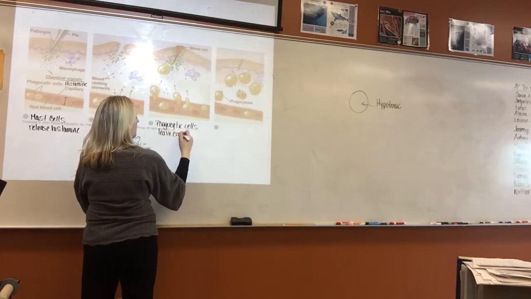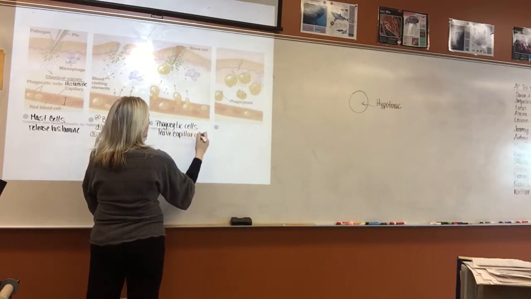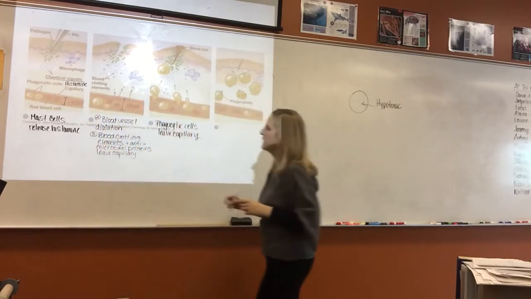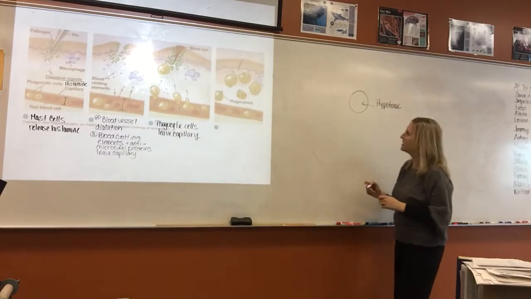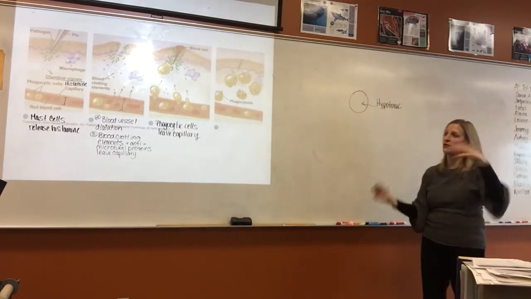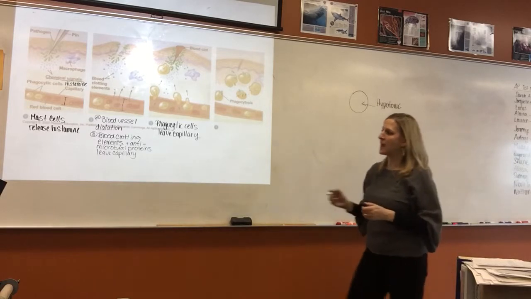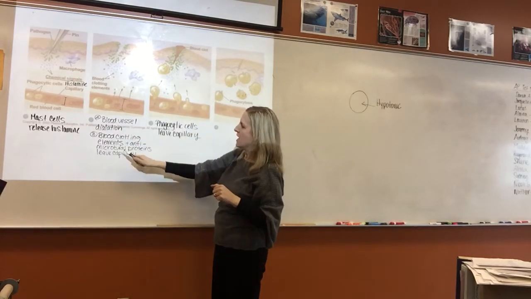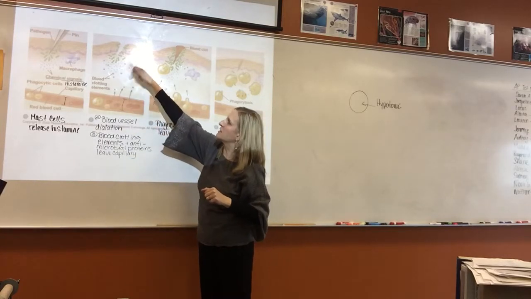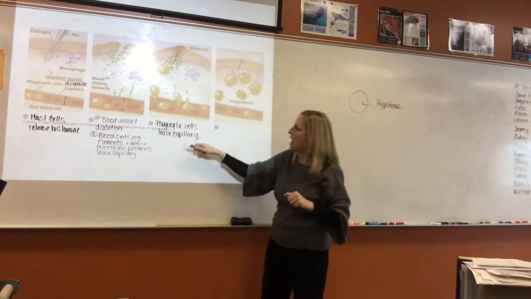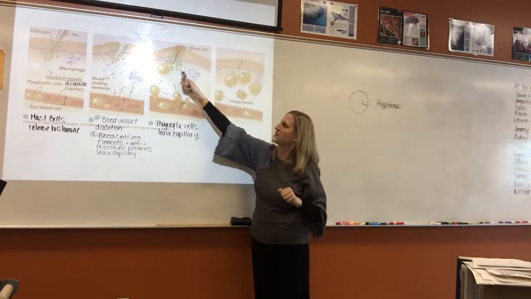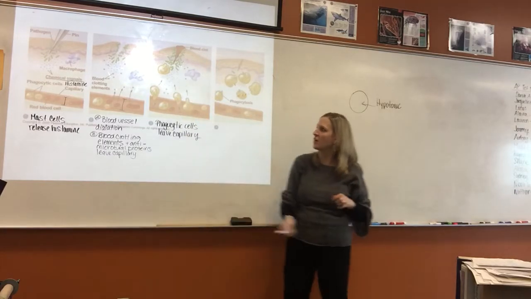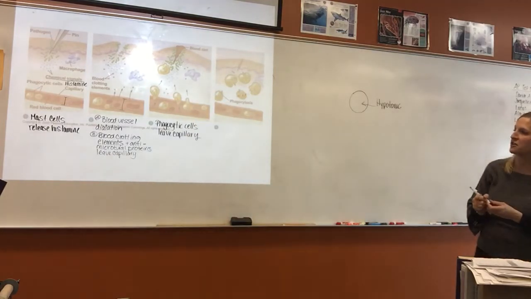They leave the capillary and go into the damaged tissue where the bacteria are. And what do these guys do? Those are the ones that engulf it and kill the bacteria. So we have the blood clotting elements clotting your blood, antimicrobial elements lysing your cells, and then the phagocytic cells are going to start and help the macrophages engulfing the bacteria.